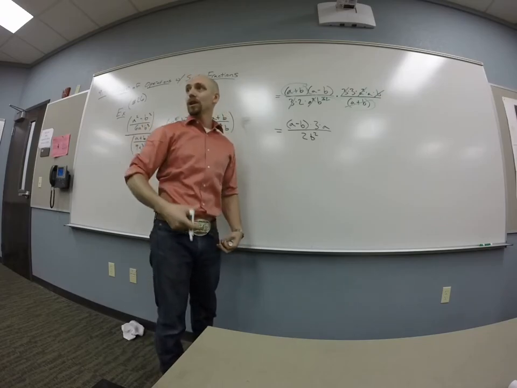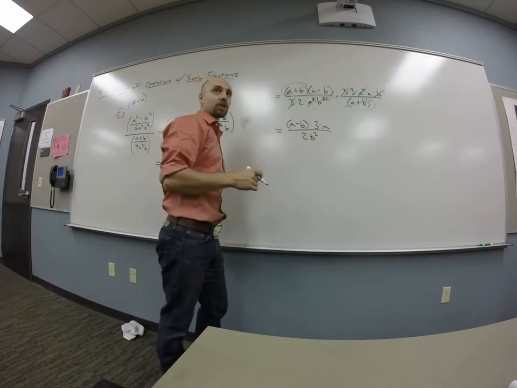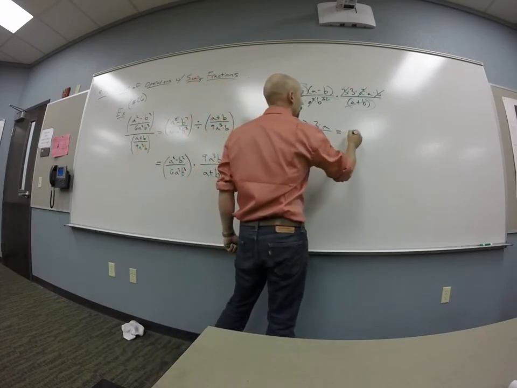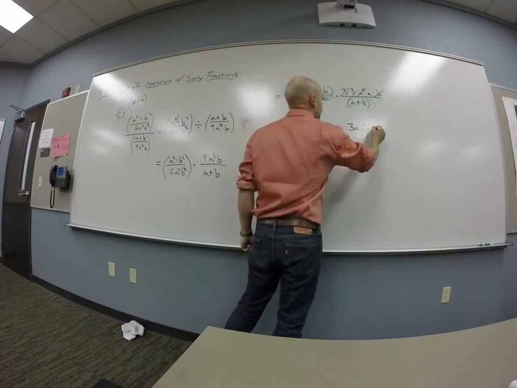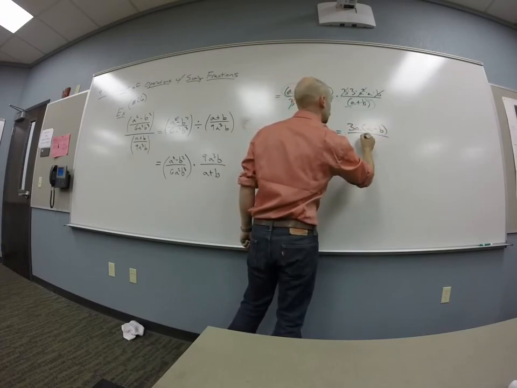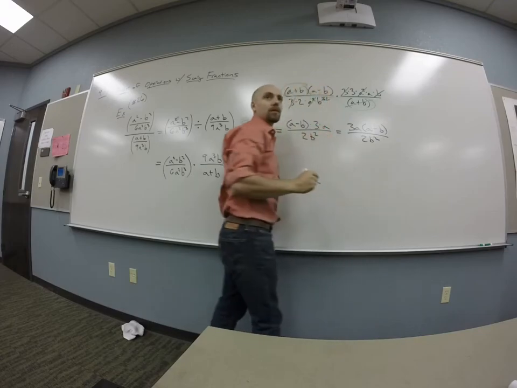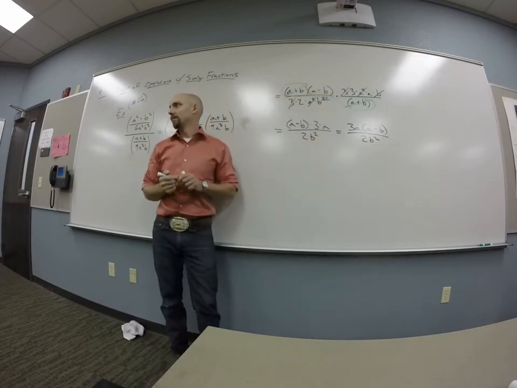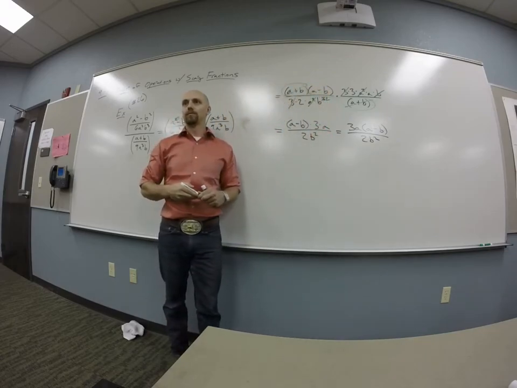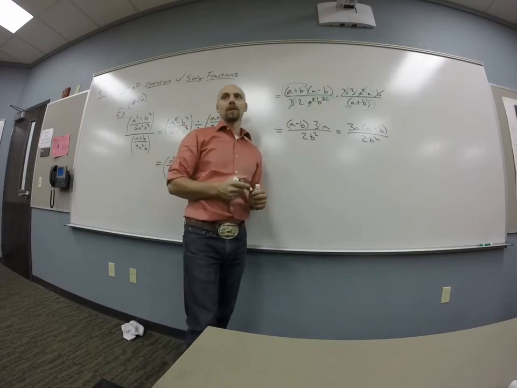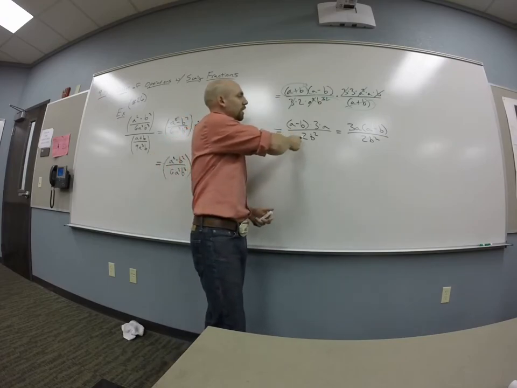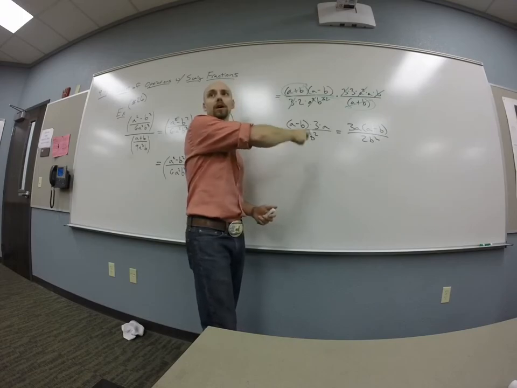So I personally, and this is not a points off thing, would rewrite this as 3a minus b over 2b squared. But that's just me. Cool. And we're not going to get marked down if we don't. If you leave it like this, I'm not going to mark you down, right?